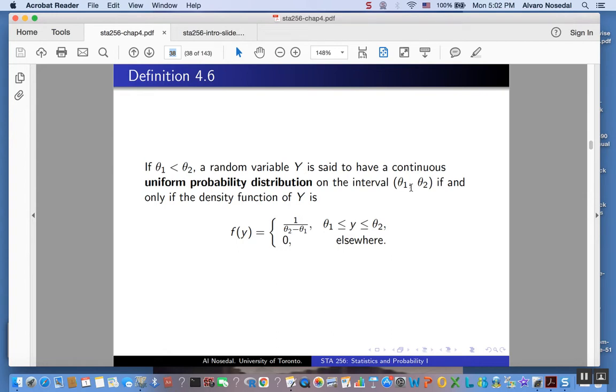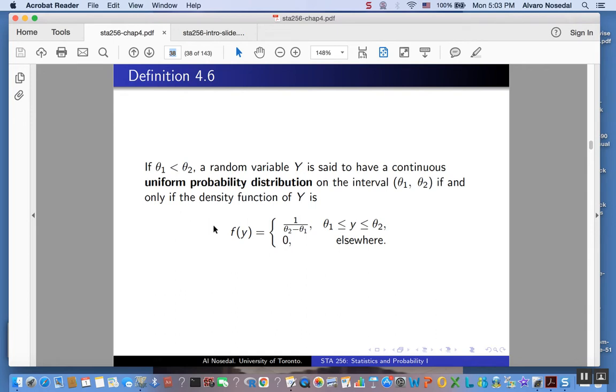If a random variable has a density function that looks like this, 1 over theta 2 minus theta 1 for values between theta 1 and theta 2, and 0 elsewhere, then we say that Y has a continuous uniform probability distribution, or that Y is a continuous uniform random variable.